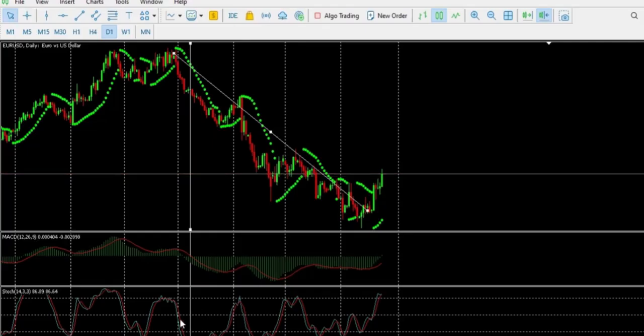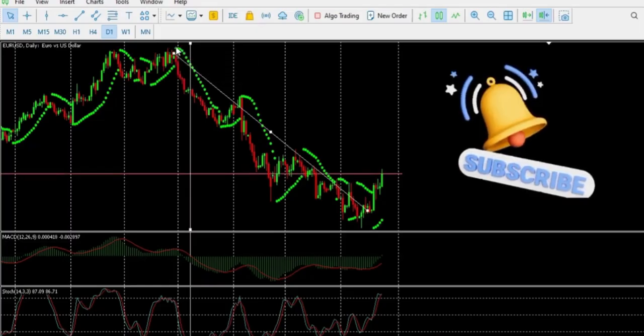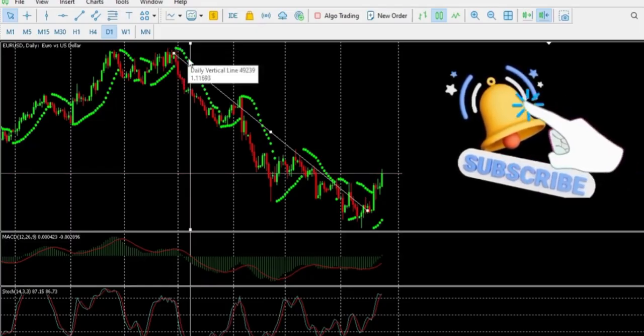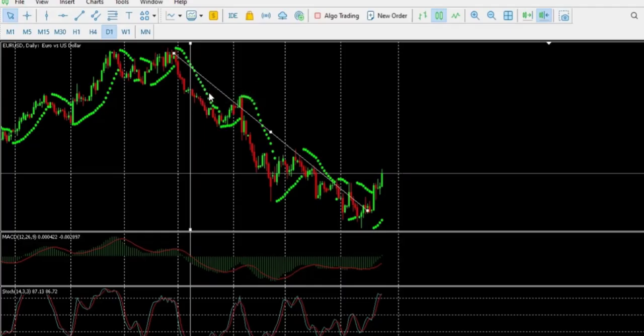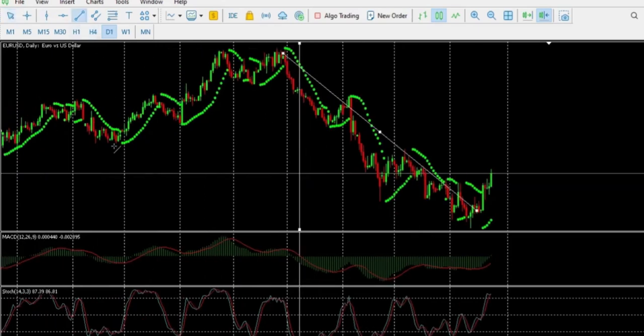Also, once you see the stochastic oscillator line below the 50 mark, that's the region for bearish markets. Also, for the Parabolic SAR, once you notice the market printing dots at the top of the price, dropping, that's also an indication that you're on a bearish move. And the same goes for the bullish market.